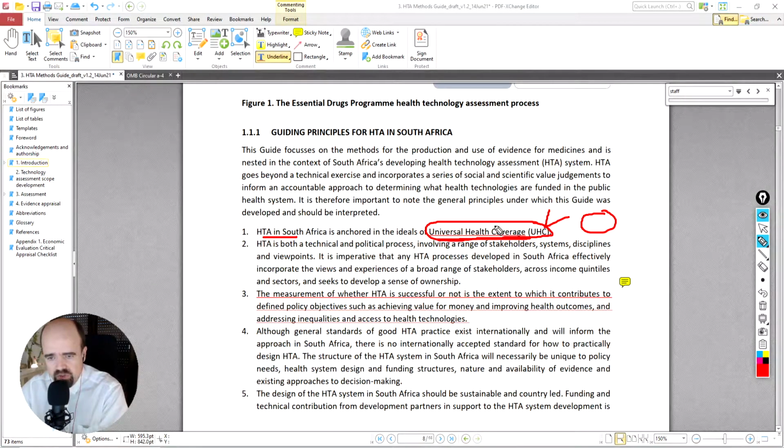Universal healthcare coverage is one of the key statements of need, but it is also motivated within the document by escalating morbidity and mortality, and the need to provide access to newer healthcare technologies.